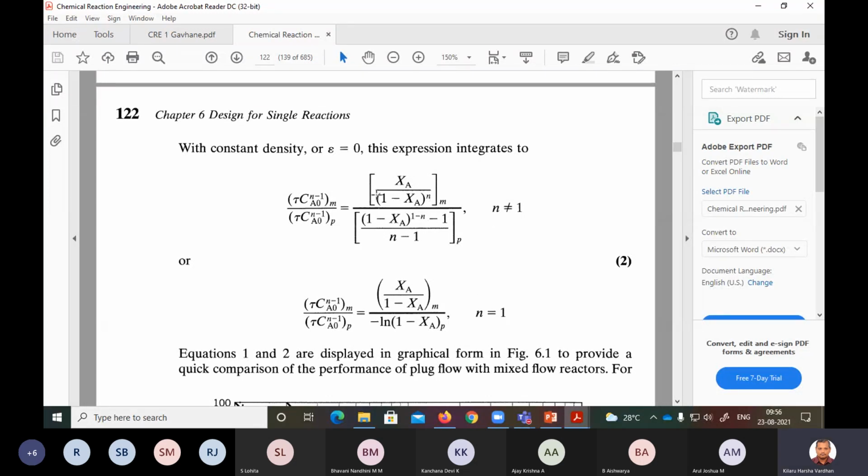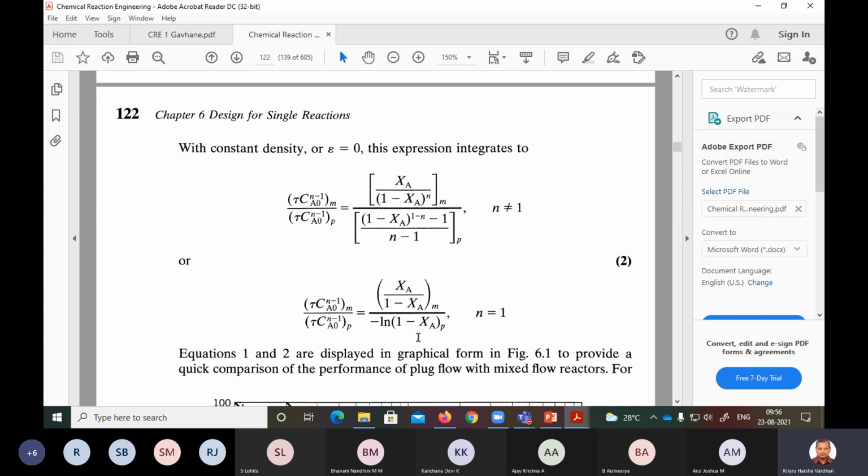XA by 1 minus XA divided by this particular thing, n is 1. Therefore 1 minus n becomes 0, so you are left with the integral. Then you can put it as minus ln (1 minus XA) for P. So it's understandable, right? This particular thing comes for a first order, and this comes for a plug flow, right?